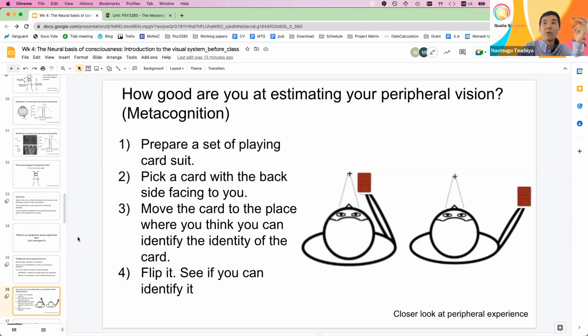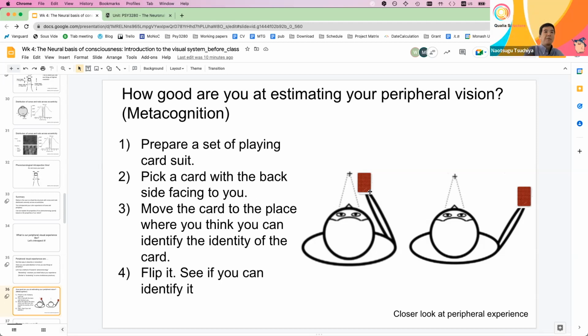You can also do it with trump cards and so on to check your experience. In the case of the orange, for me, the size of this orange is roughly 5 times my thumbnail. So it's roughly 1.5 times 5, which is a 7.5 degree object at this location.